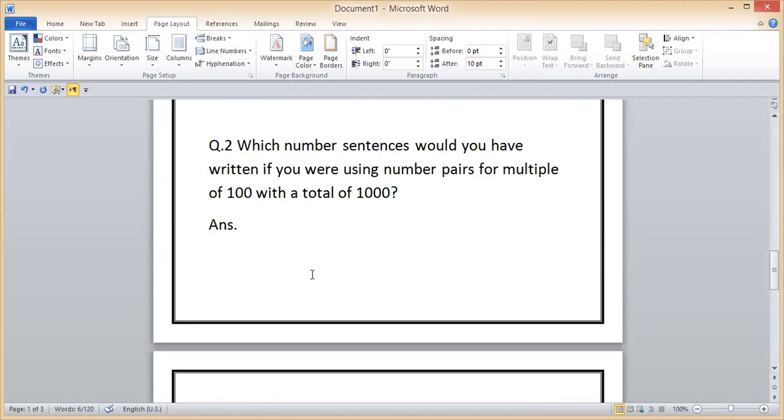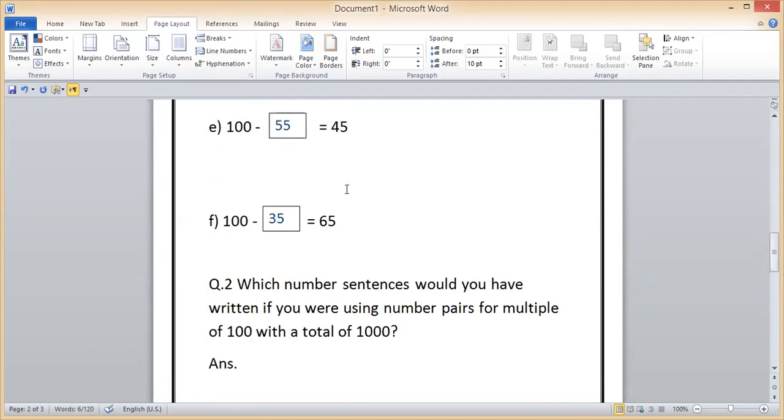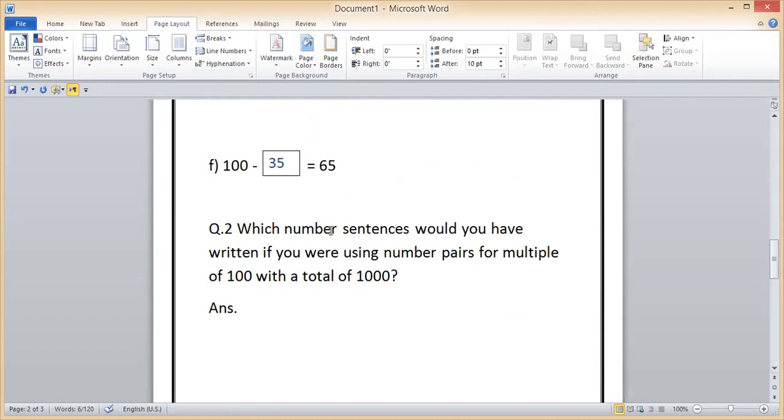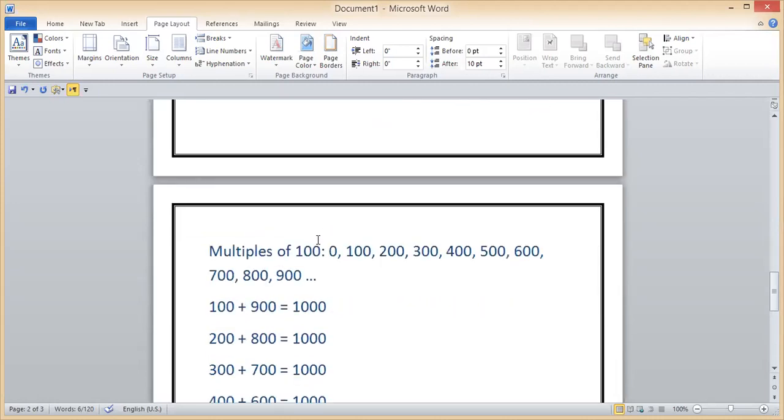Okay. Then question number 2 was, which number sentence would you have written if you were using number pairs for multiples of 100 with a total of 1000? Now, they are asking which number sentence you can write, guys, if you're using number pairs for multiples of 100. So I write the multiples of hundreds first. These are the multiples of hundreds.